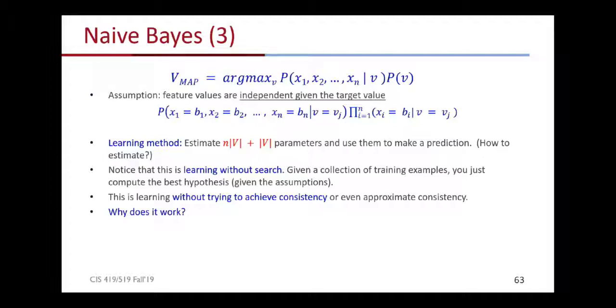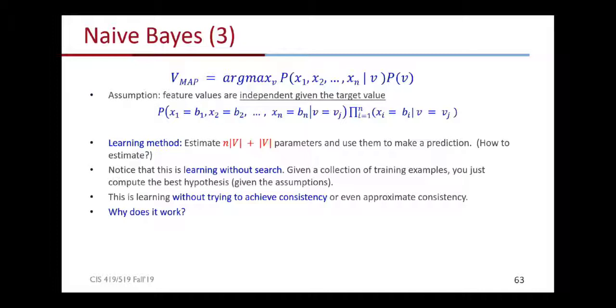We're going to assume, for example, a binomial distribution, just like the coin tosses that we had before, and we're going to learn parameters. Now notice that this is slightly different learning than what we talked about before, and we're going to see the connection a little bit later, but we learn here without any search. We just look at data, we use this to compute some parameters, and that's it. And we have a way to make predictions.